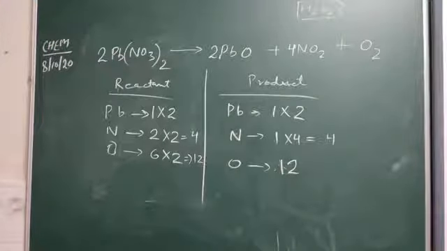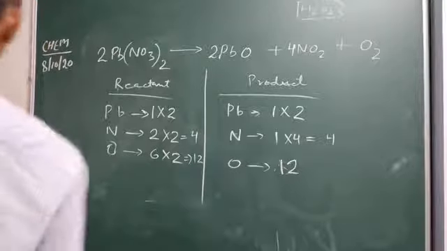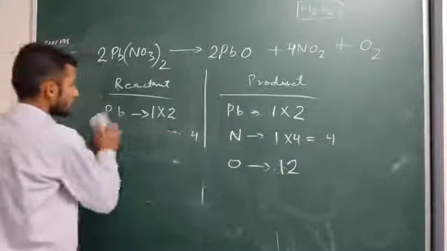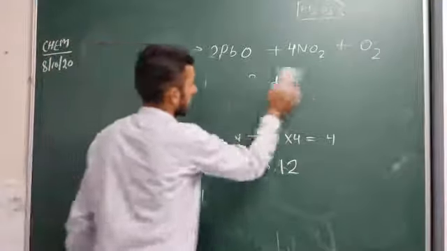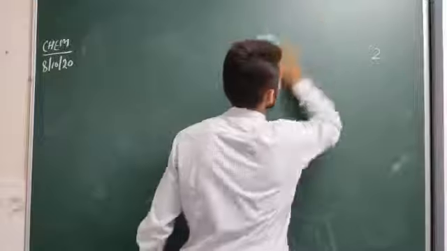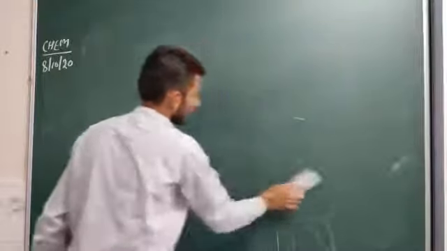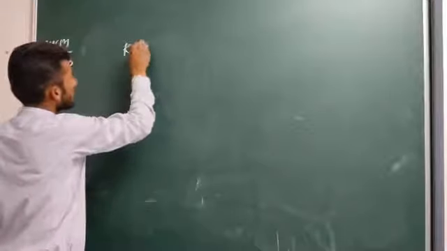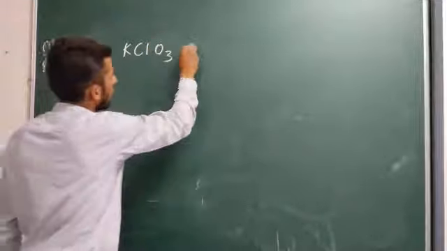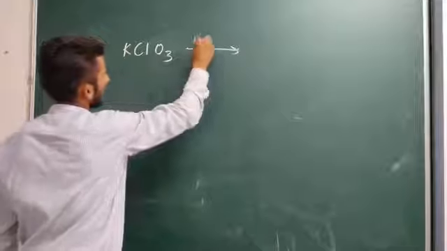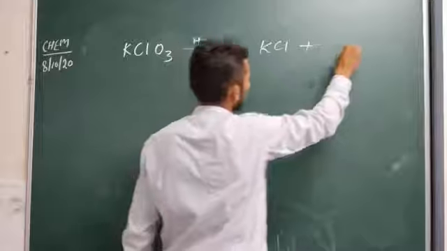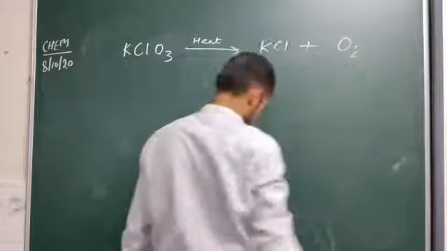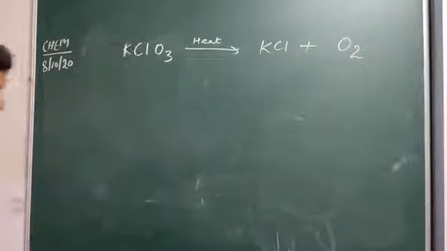Now we have another example: the decomposition of potassium chlorate. Potassium chlorate has the formula KClO3. On heating, there is formation of KCl along with oxygen. Now how is this balanced?